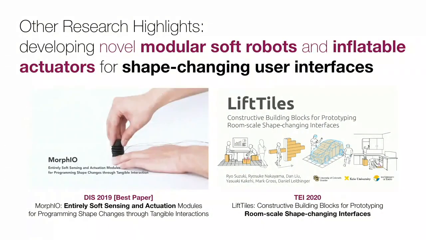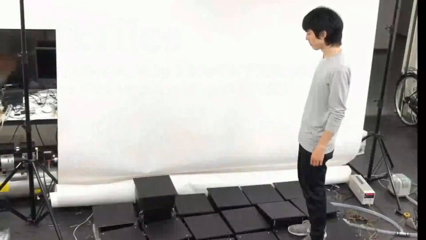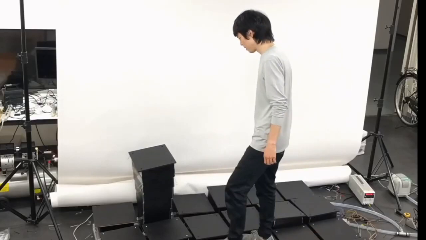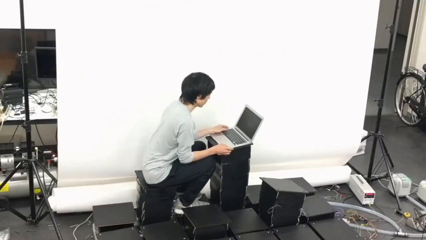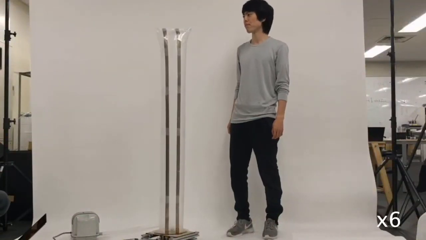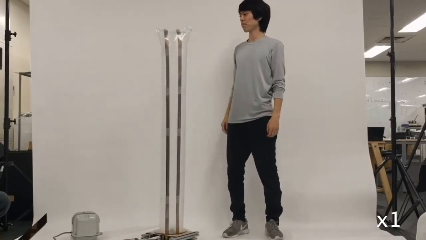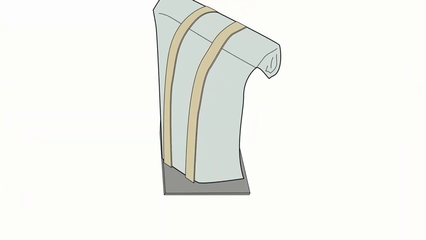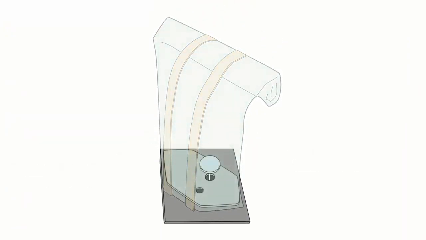Also, this one we published at TEI recently, using a pneumatic actuator to make modular, room-scale shape-changing interfaces. For example, we use plastic tubes to inflate the object, and also a constant force spring to naturally retract the actuator.